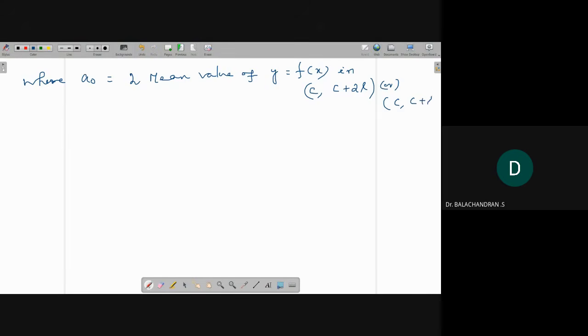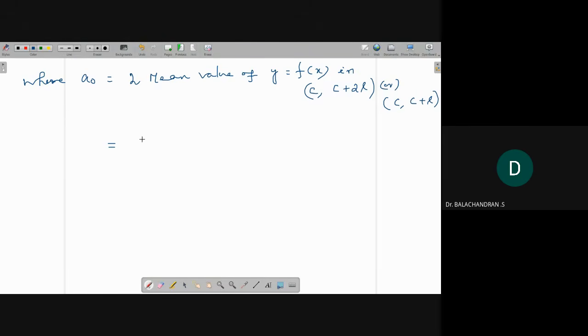From this you can understand that Fourier series is defined in the interval 2l, and half range sine and half range cosine series are defined in the interval of length l.